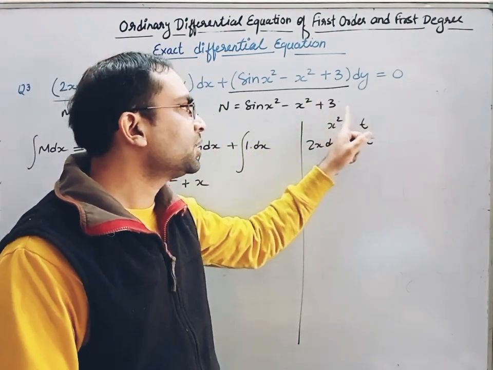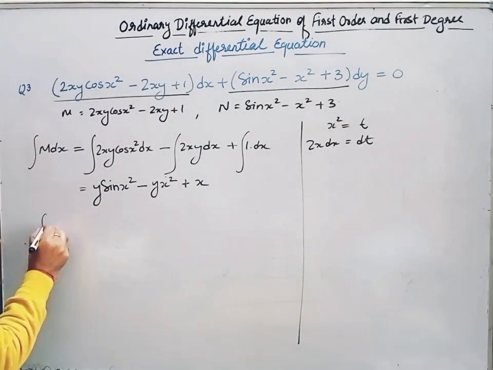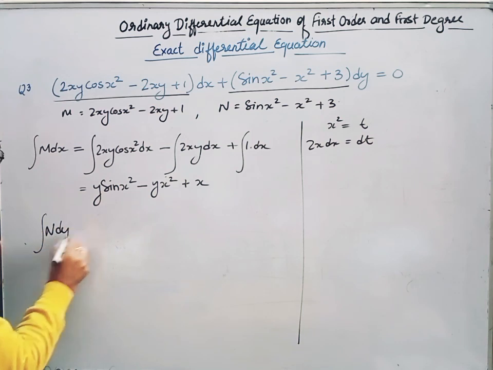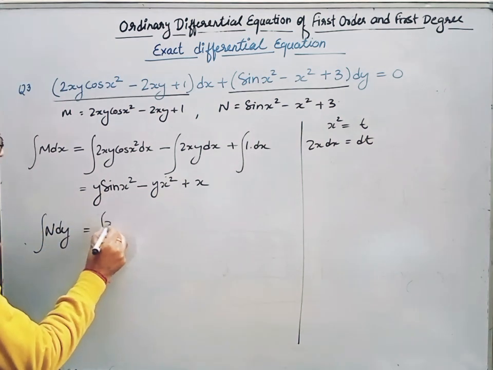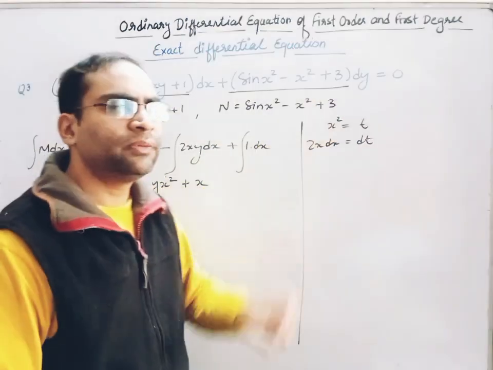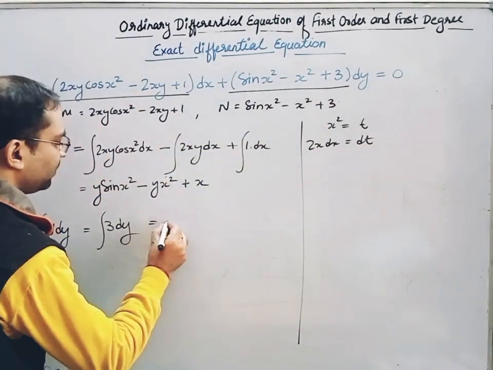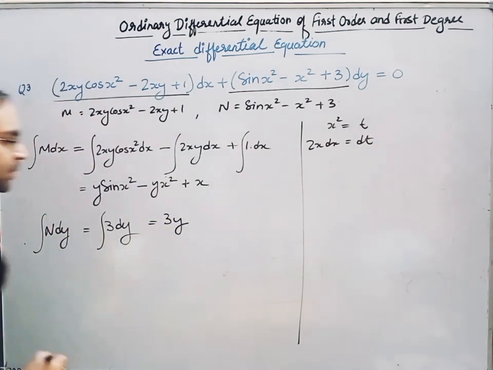We do not have any x here, so we take only this term. So in the second step, the integral of n dy will be only the integral of 3 dy. As we can see, only this term is free from x. So the integral of a constant will be 3y. And hence we'll write the solution.